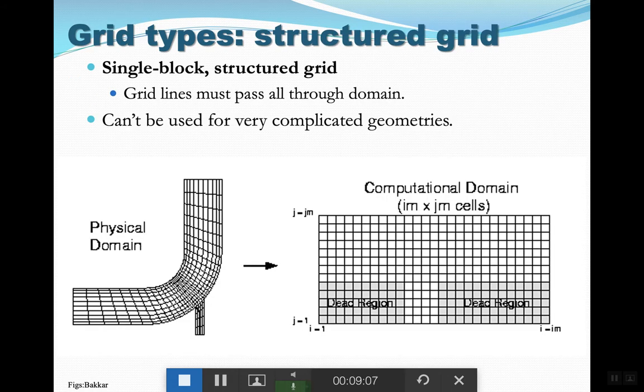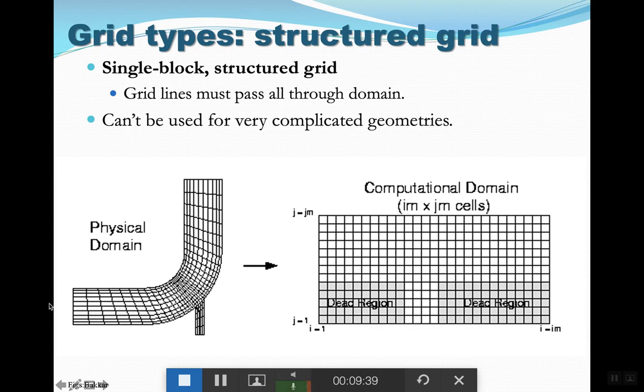The advantage of a structured grid is very simple. It makes the simulation easier because the calculations on structured, uniform shaped units are much easier. You will have better convergence, more accurate results, and so forth. But the problem is that a structured grid cannot be applied to many systems because of its limitation, which is that lines must go from one end to another end.